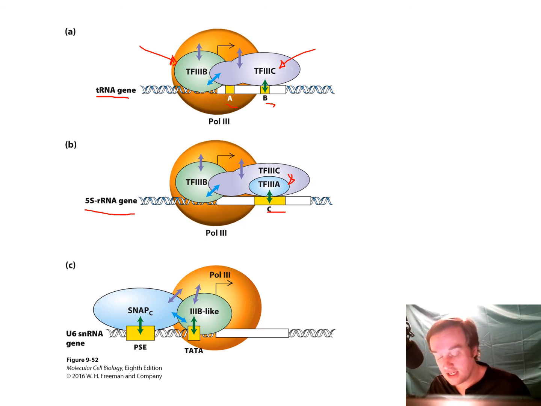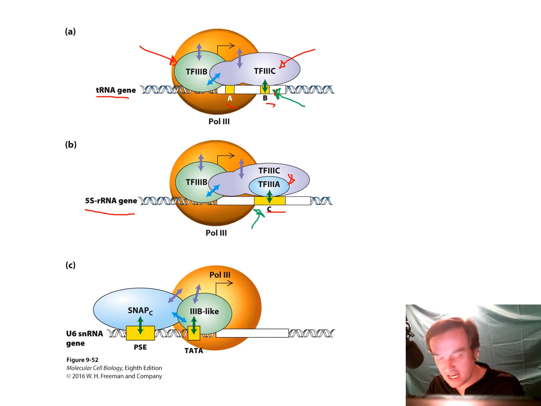And so the arrows on here, there's these green arrows, which indicate, let me turn this green so that makes more sense. All right, so we have these green arrows, and this indicates strong sequence-specific protein DNA interactions. So you can see that TF3C and TF3A both have strong binding interactions with DNA.